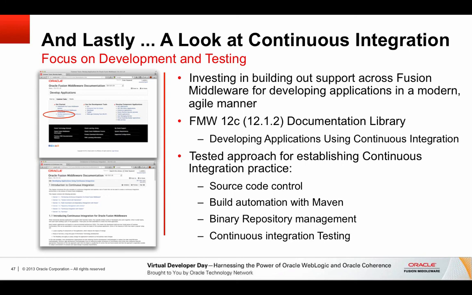It provides a walkthrough of establishing a continuous integration practice, all the way from establishing good source code control practices, looking at build automation, dependency automation with Maven, looking at binary repository management using, in this instance, I believe, Apache Archiva, and then establishing continuous integration testing regimes, using Hudson in this case.